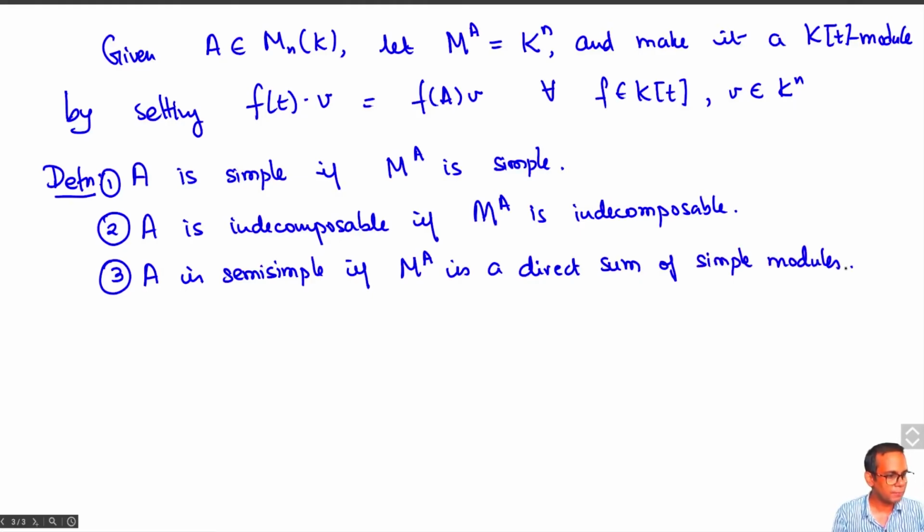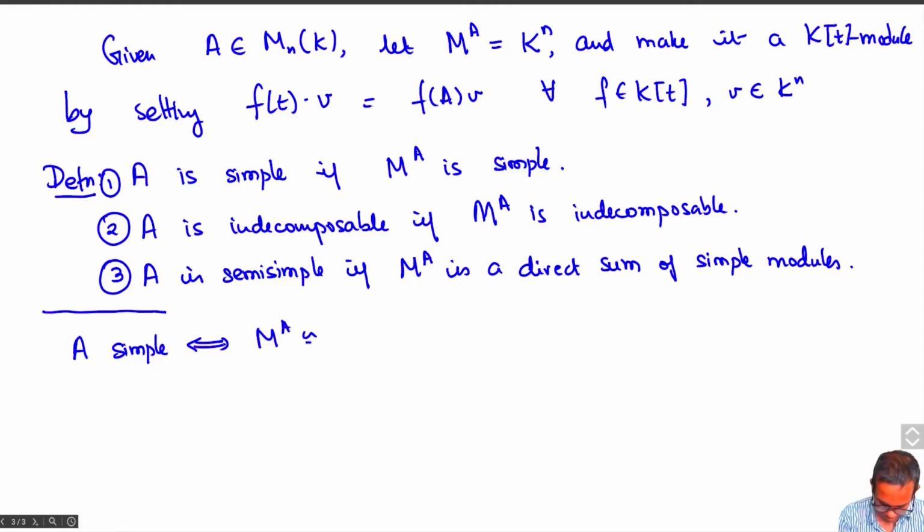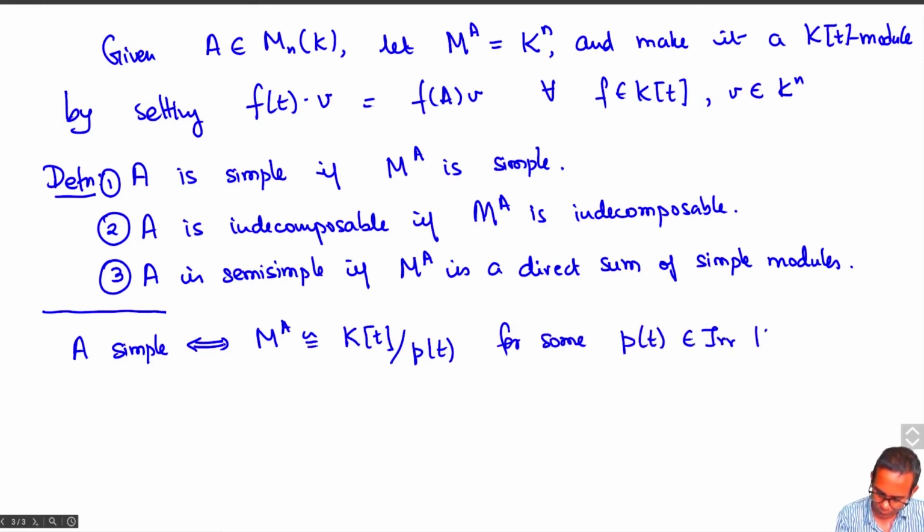So for example, if A is simple, then that means that M_A, we have just seen, is isomorphic to K[t] mod P(t) for some irreducible monic polynomial P(t).